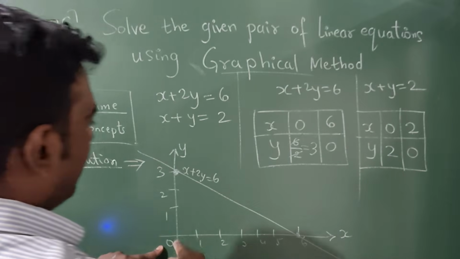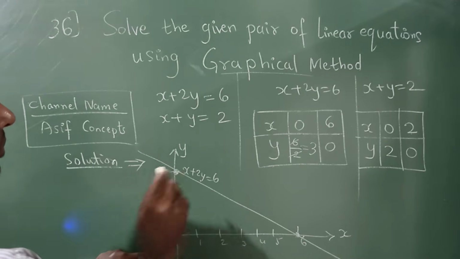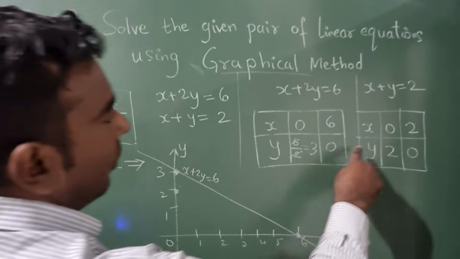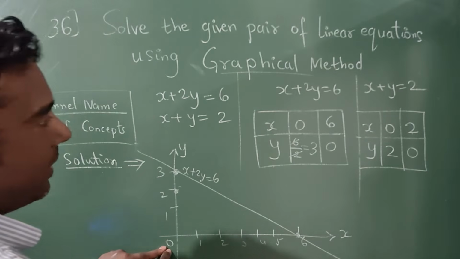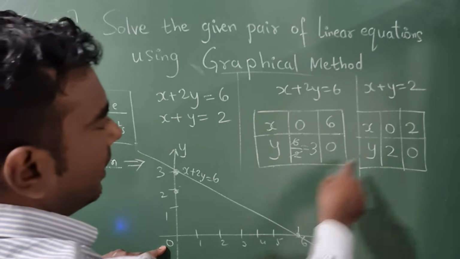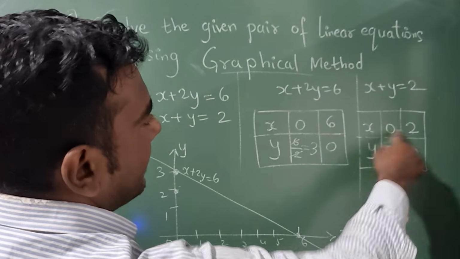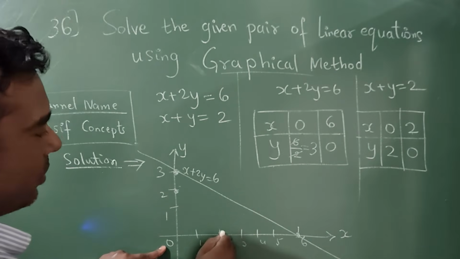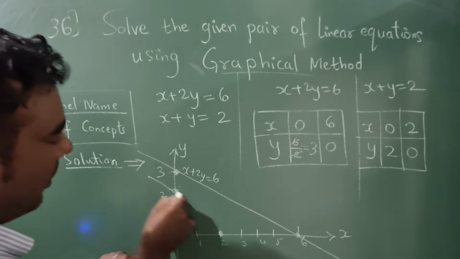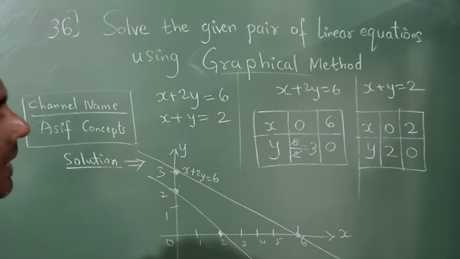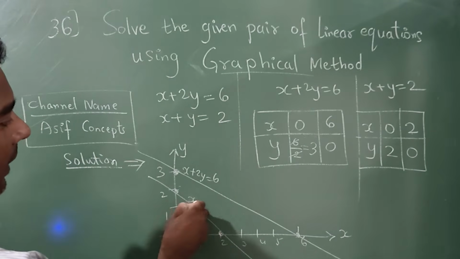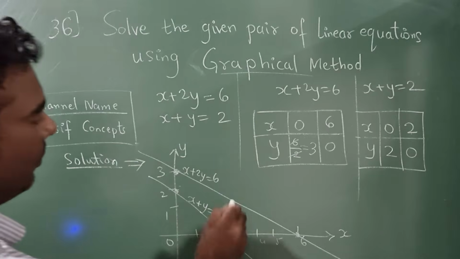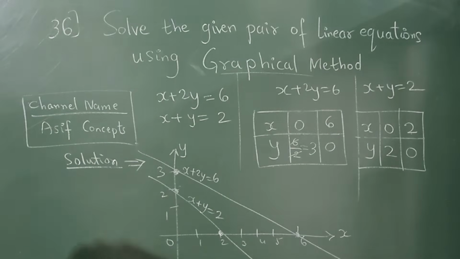Y is 2. Mark here. Now y is 0. Mark here. Start from here, and x is 2. This is the x-axis. So 2 is here. Draw this line with the scale and write here x plus y is equal to 2.